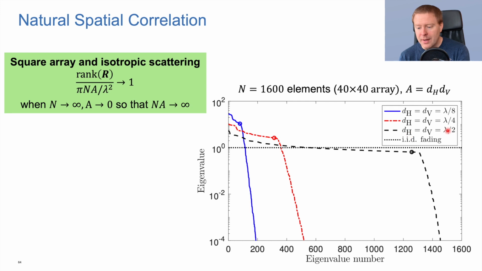If I take half a wavelength spaced elements, then all the elements horizontally will be uncorrelated with each other if they are in the same row, and if you consider elements along the same column, they are also uncorrelated with each other, but along the diagonals you have correlation. And even if you think that correlation shouldn't really make a big difference, it does.